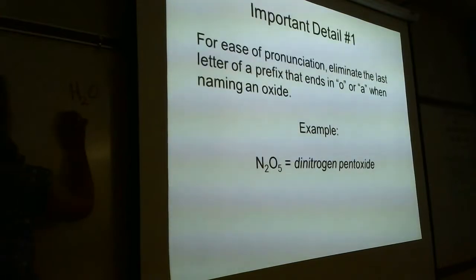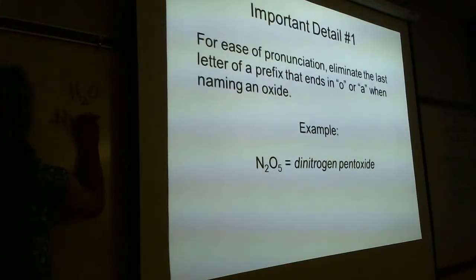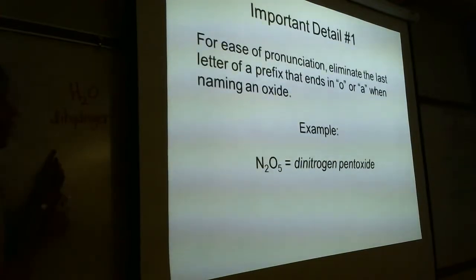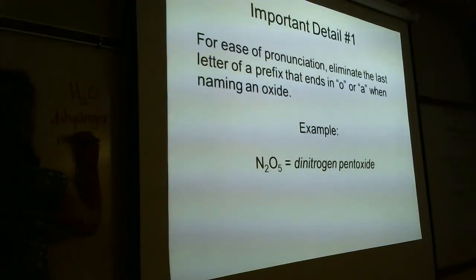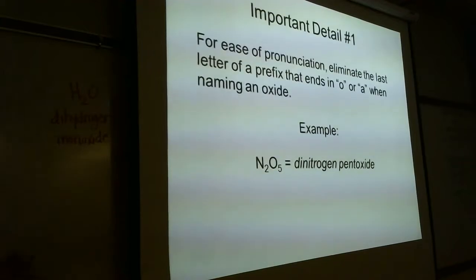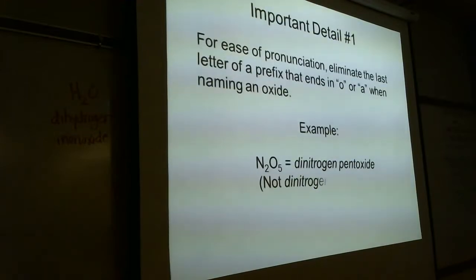So that's dihydrogen. Is it monoxide? It'd just be monoxide, right? Okay, that second O gets dropped. Makes sense? That's the systematic name for water. Again, that A got dropped.